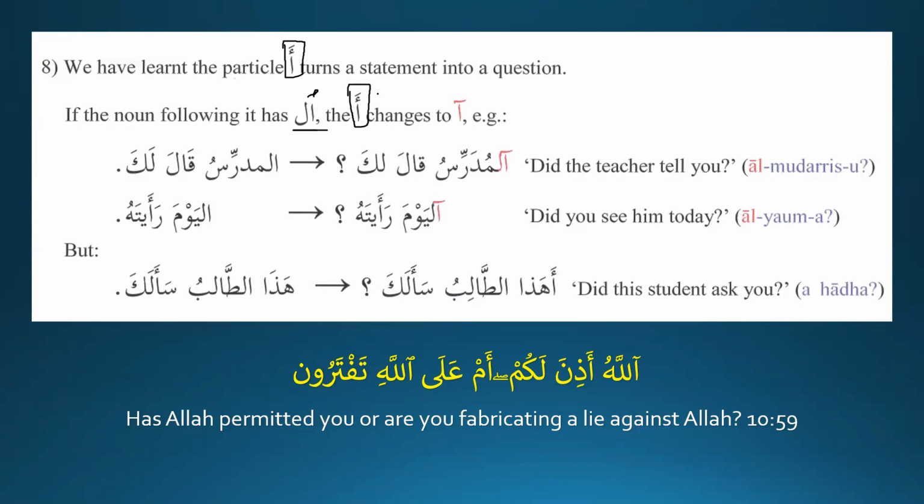If the first Hamza is mutaharrik and the second Hamza is sakin, then we have to change it into mad. For example, when we inshallah learn the verbs in the present form, you say a akulu, I eat. So over there you will see that there is a mad. Similarly here, the first Hamza is Hamzatul istifham, and after that the Hamza is Hamzatul wasl.